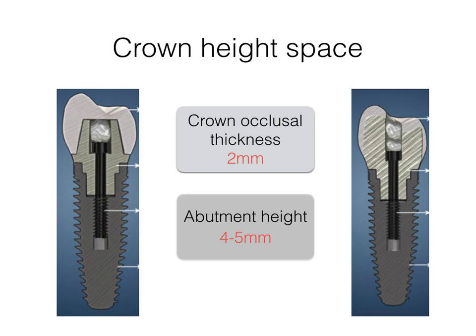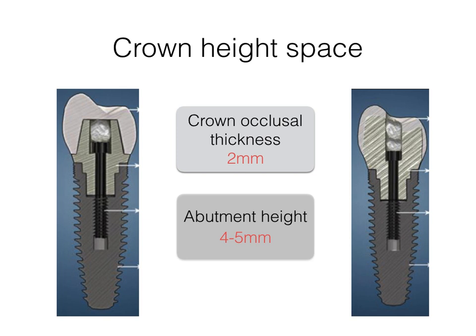As we know, if we want to make a crown using all ceramic or PFM crown material, we usually need 2 mm of occlusal clearance for the crown strength. For the abutment height, to get enough strength and retention, the abutment height needs to be over 4 to 5 mm.